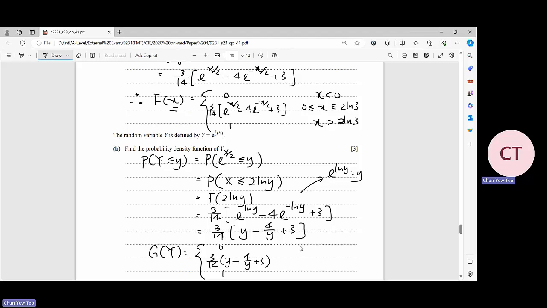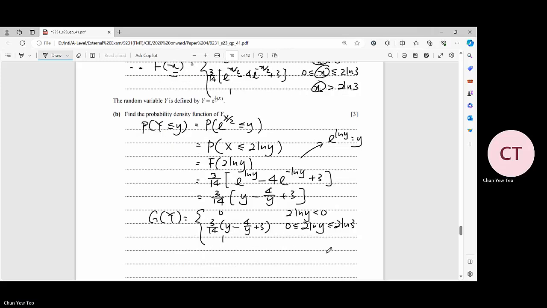So this is for the domain. I need to change all the x to 2 ln y. So 2 ln y greater than 2 ln 3.